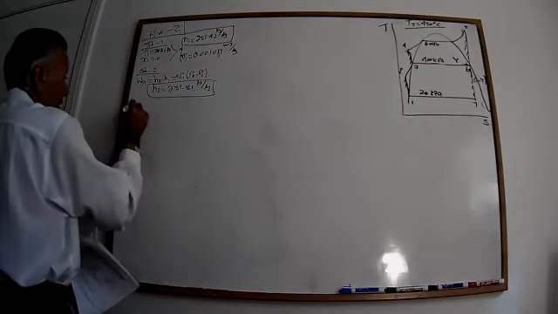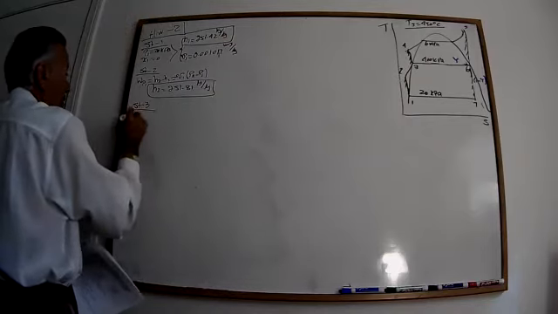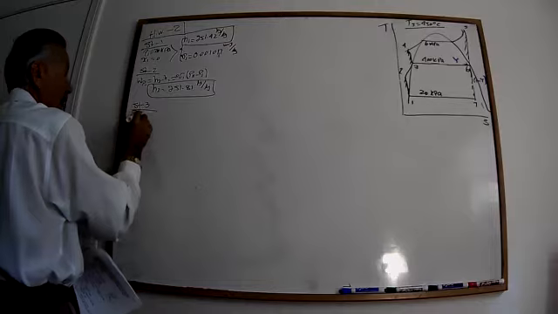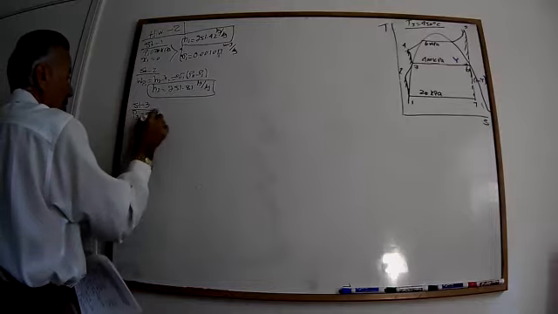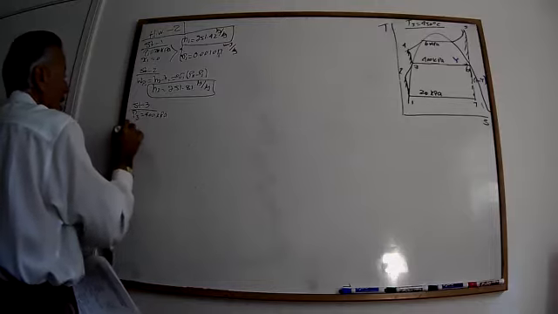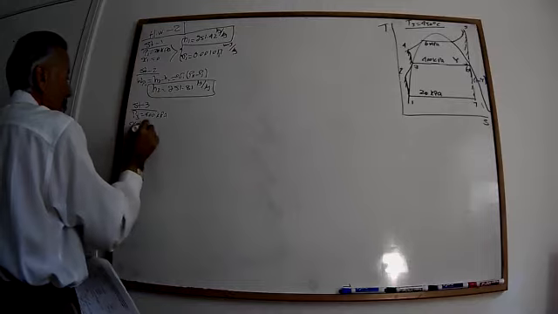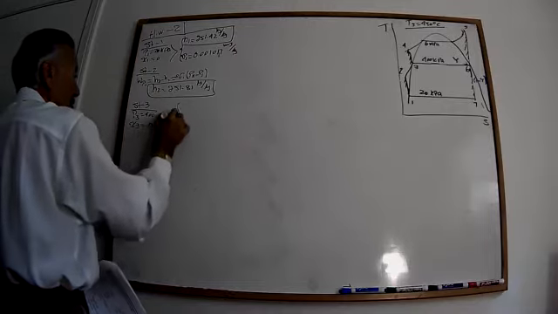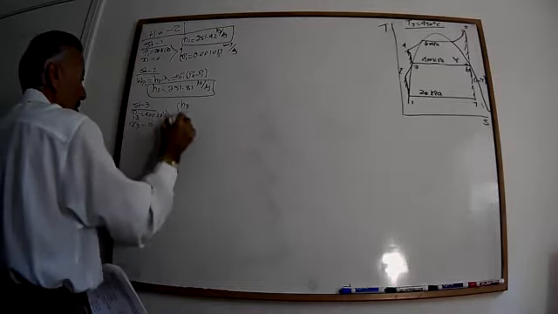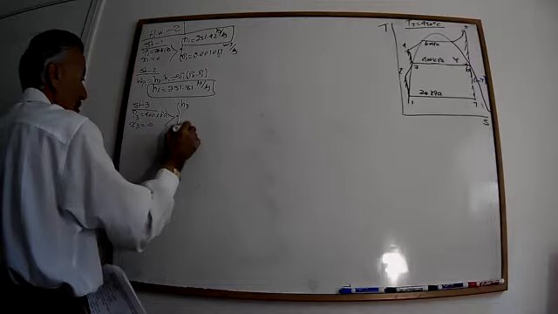So at state 3, we have P3 equal to 400 kilopascal, and X3 is equal to 0. So now we find H3 and V3.